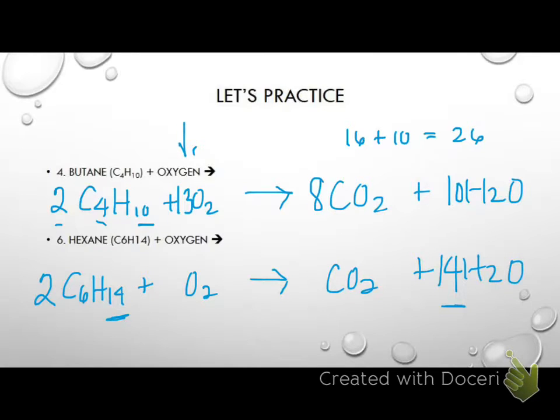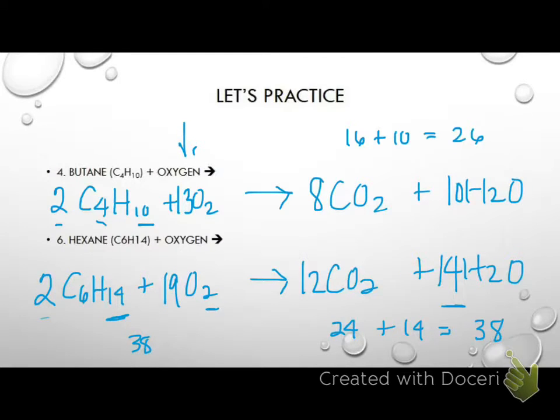Now my hydrogen's balanced. I need 6 times 2, 12 carbon. And now I do my math count for oxygen. I have 12 times 2 is 24 on this side, plus 14 gives me a total of 38. So I need 38 oxygen over here as well. And so with this 2 right here, that means I would take half of that and put a 19 right there.